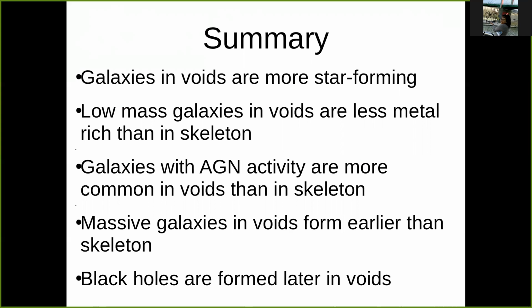Low-mass galaxies in voids are less metal-rich than in a skeleton. Galaxies with AGN activity are more common in voids than in a skeleton. And when we explore the assembly histories and the black hole growth evolutions, we found that massive galaxies in voids form earlier than in skeletons, and black holes are formed later in voids.